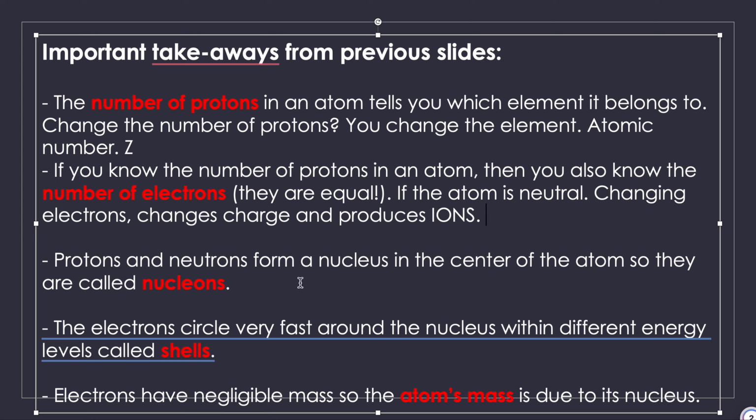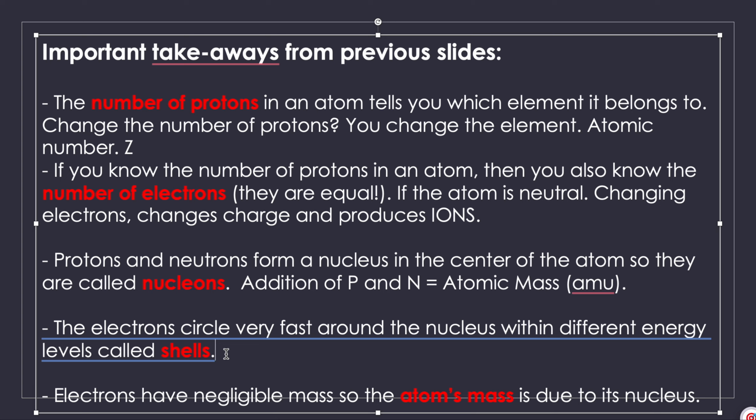So the protons and neutrons form a nucleus in the center of the atom. The addition of protons and neutrons is equal to what we call the atomic mass, and we're going to be using atomic mass units for this. The electrons circle the nucleus very fast in different energy levels, which are also called shells.